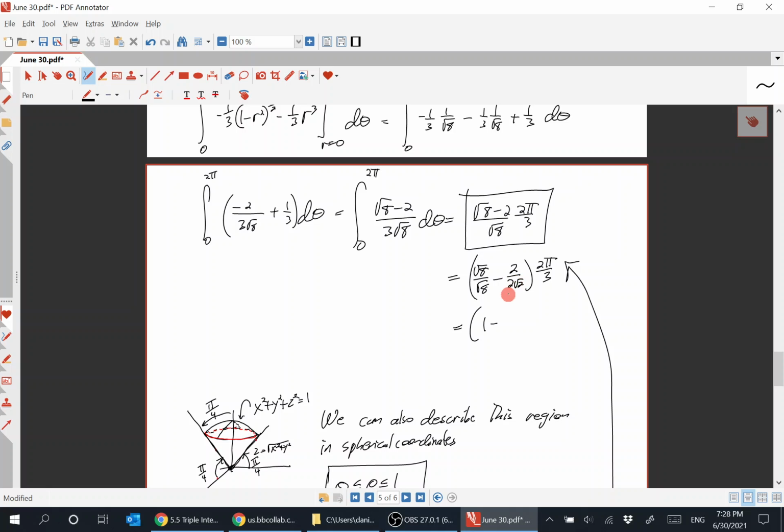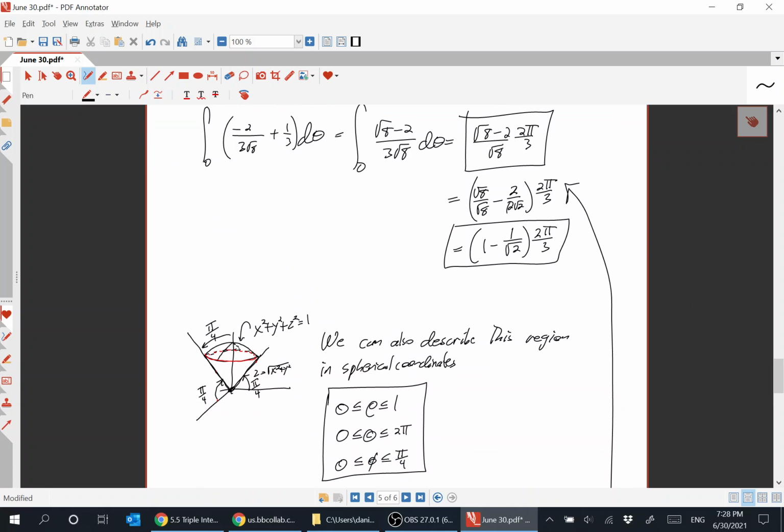So that's 1 minus 1 over root 2 times 2 pi over 3. Yeah. So that's pretty neat, right? We described that region in two different ways, in cylindrical coordinates and in spherical coordinates. Did the calculation, got the same answer. That's nice stuff. All right.